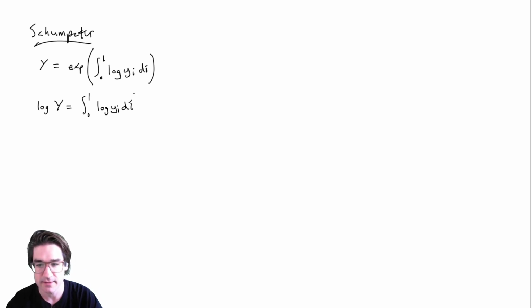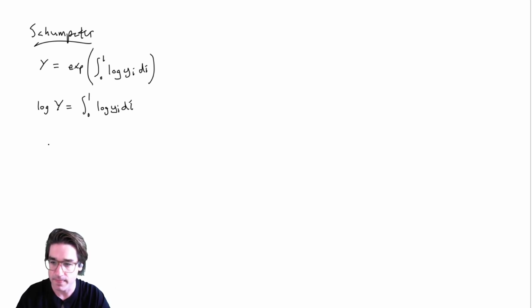That's what Cobb-Douglas looks like. If you remember, a Cobb-Douglas production function in terms of capital and labor, if you take logs, looks like the alpha weighted sum.